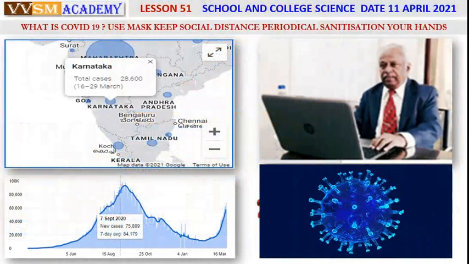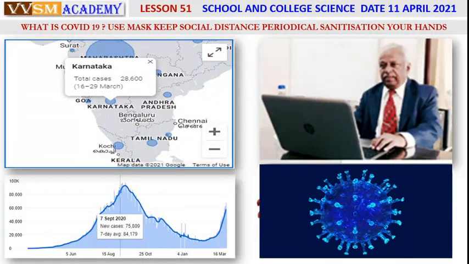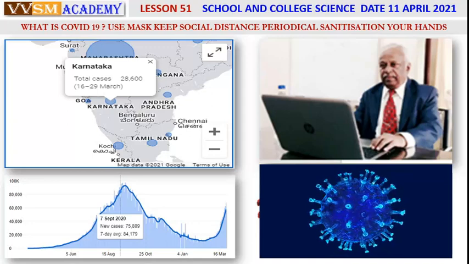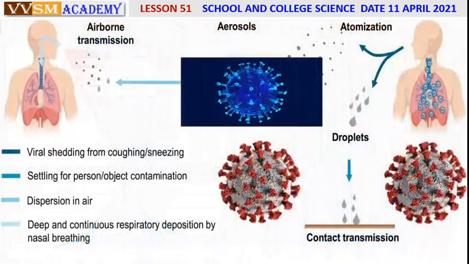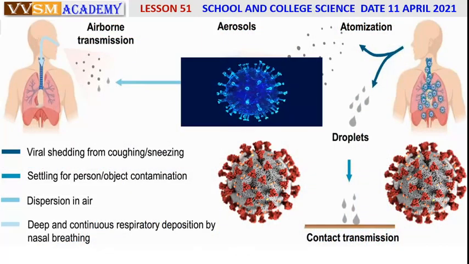About COVID, be cautious, use a mask, sanitize periodically because of the viral shedding from coughing, sneezing, settling for person-object contamination, dispersion in air, deep and continuous respiratory deposition by nasal breathing. So all these things are to be taken care of.